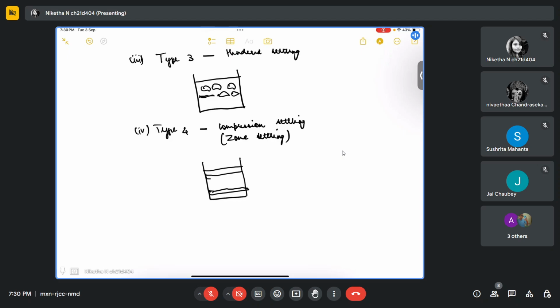They will also come down and settle, and they will also come in layers. So when you have a high concentration of particles, the particles will settle down in layers, and the bottommost layer will be compressed. Since there are many other layers at the top, the weight of all these layers will add up and it will compress the bottommost layer. So this is called compression settling.